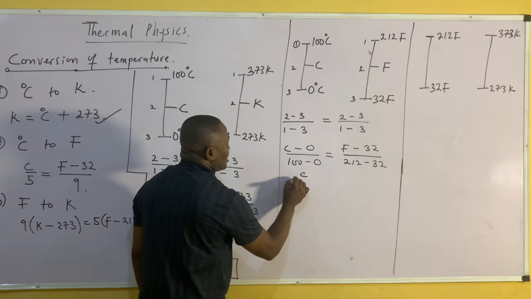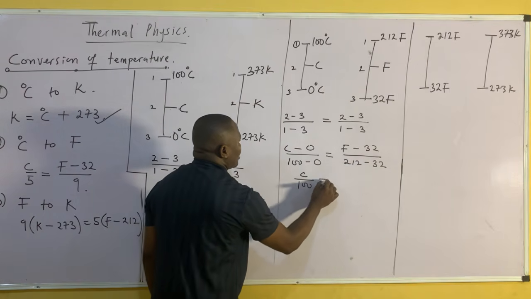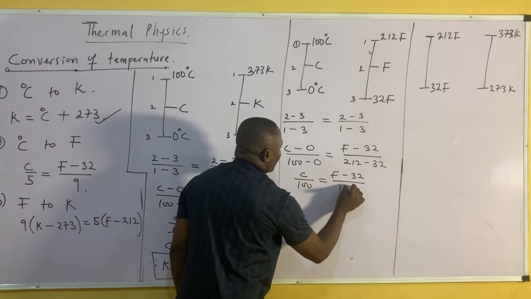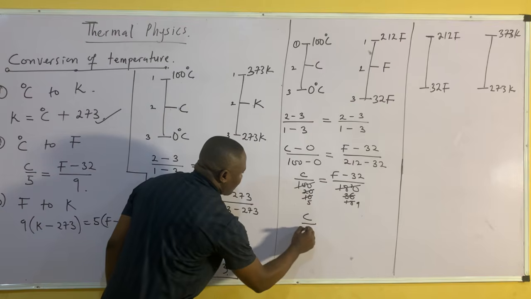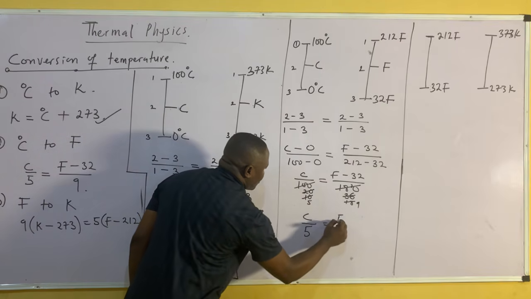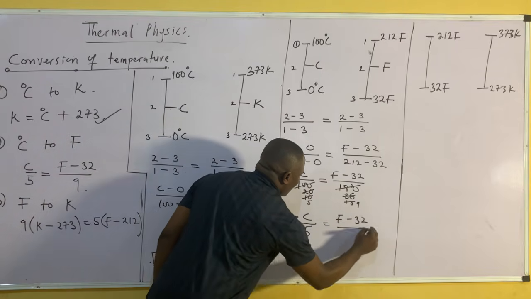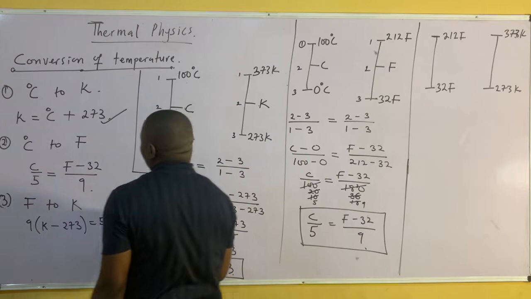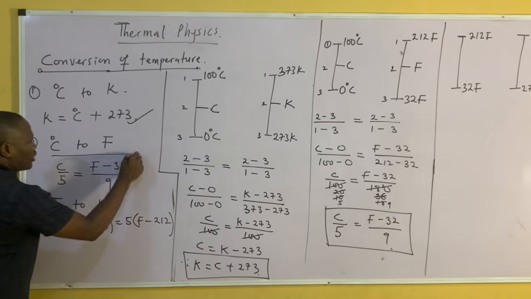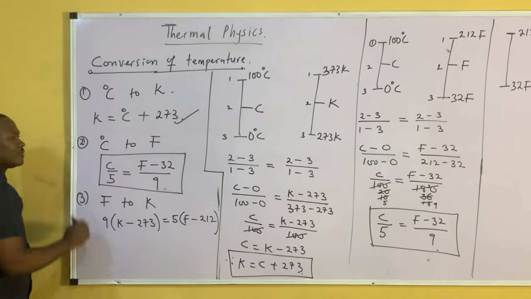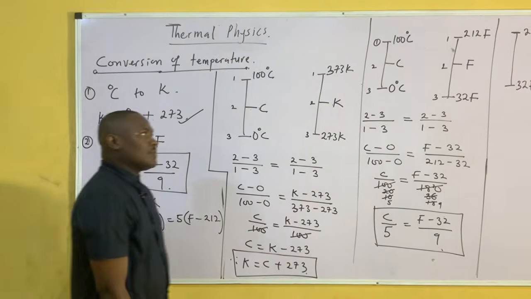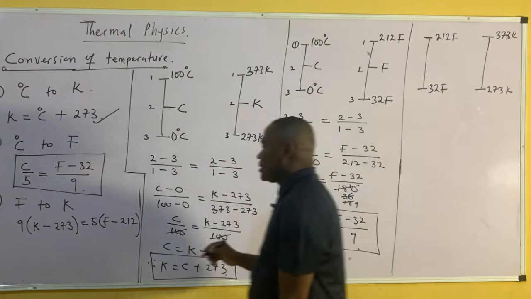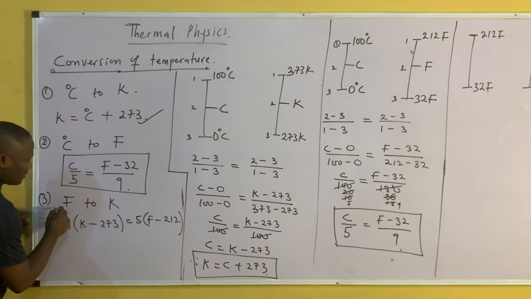That becomes C over 100 is equal to F minus 32 over 180. C over 5 is equal to F minus 32 over 9. Look at the formula here. That's the second formula we have here in converting degrees Celsius to Fahrenheit. Now, the same thing is applicable to this. If I do the same thing, I will still arrive at this place.